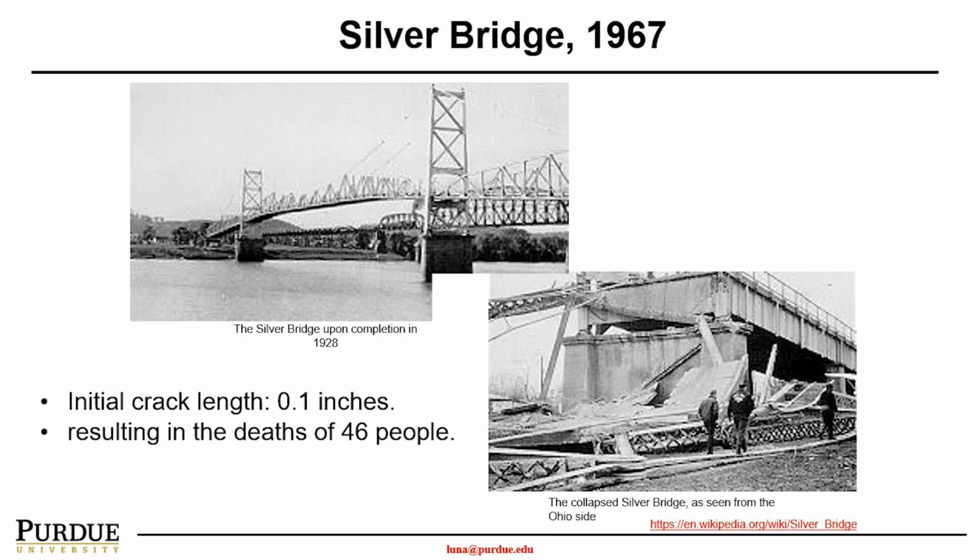On December 15, 1967, the collapse happened during rush hour traffic, which caused the death of 46 people. And really the cause of this failure was a single eyebar in the suspension chain that had a very small crack, about a 0.1 inch defect, caused by stress corrosion over the years.